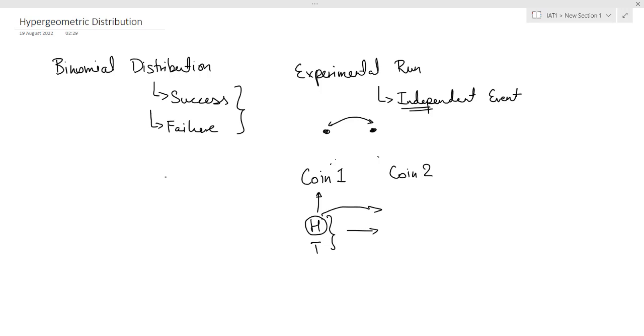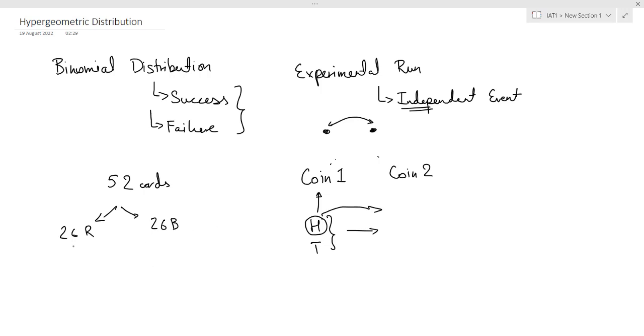Correct. But now imagine that I have a deck of cards, right? In that deck there are 52 cards. Now these 52 cards are divided into 26 red and 26 black cards, right?